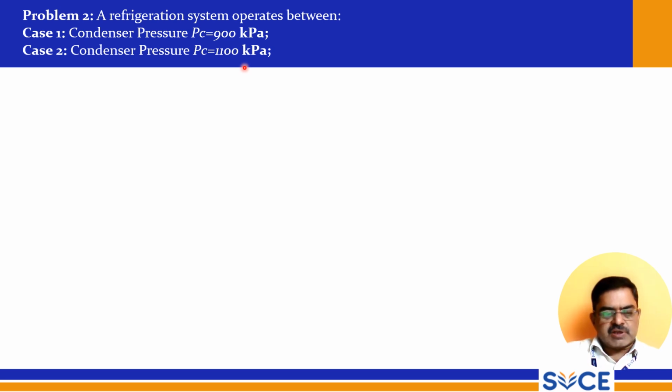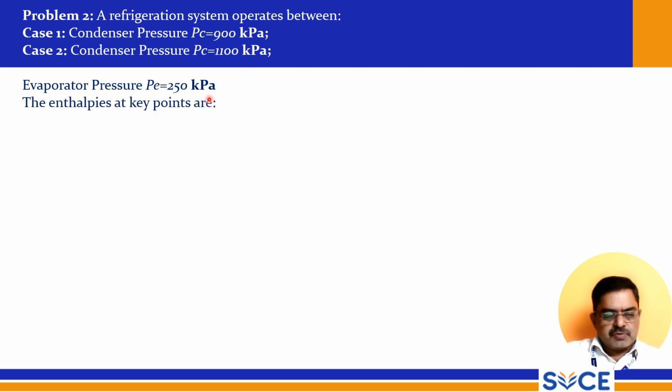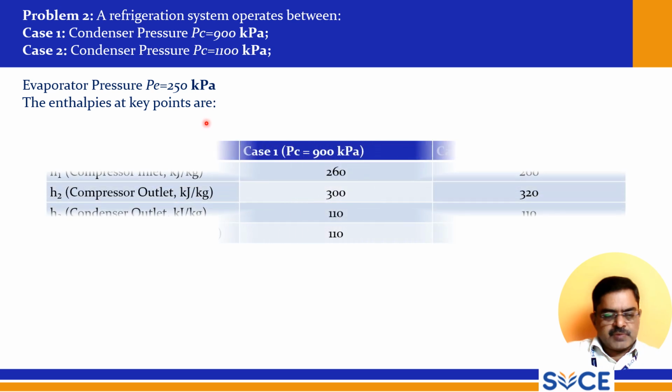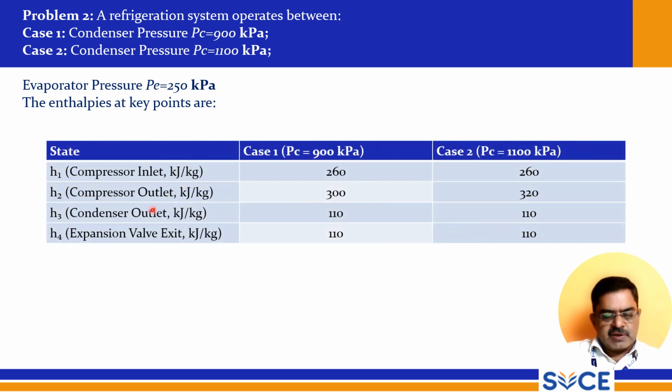Here we are going to see the condenser pressure effect. Here PE is 250 kPa, which is constant, and the enthalpies from the refrigeration table, H1 and so on, are given. Here the table is given in the problem itself. If it is not given, then we have to refer to the refrigeration table.